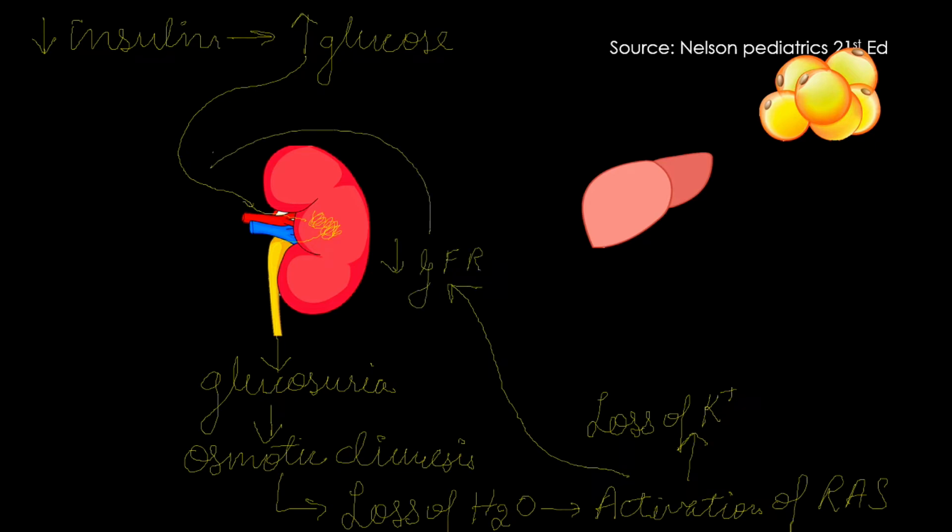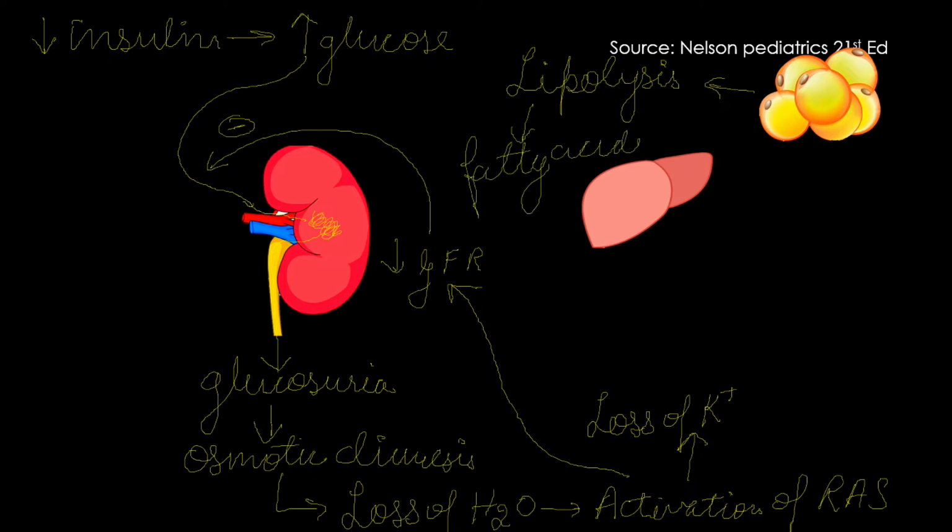In the fat cells, there is lipolysis. This lipolysis causes release of fatty acids, which ultimately reach the liver to generate ketone bodies.